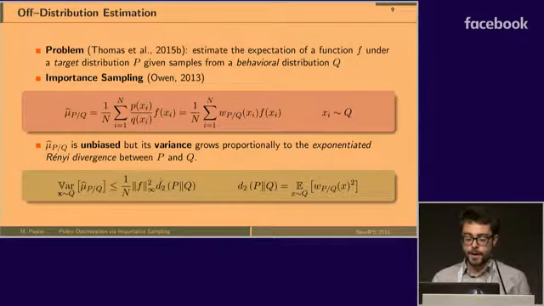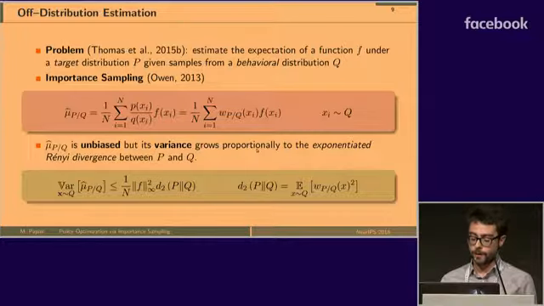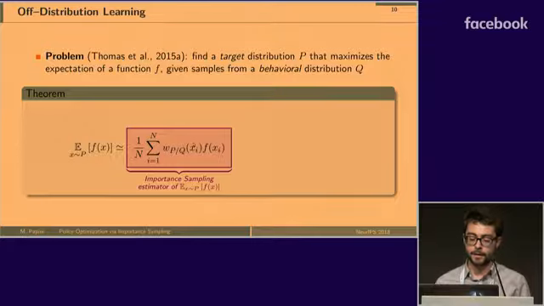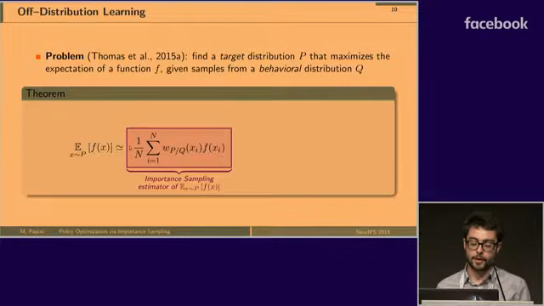By knowing the range of our function, we can bound the variance of the estimator by this exponentiated Rényi divergence, which is also the second moment of the importance weights. Now, the real problem with this estimator is that it can badly misevaluate distributions that are far from the one that generated the data, the behavioral.